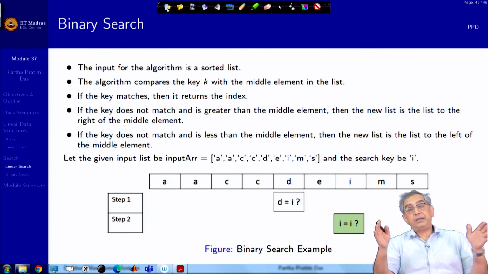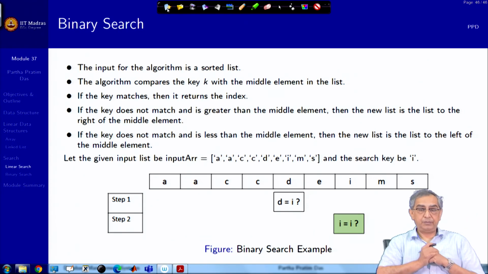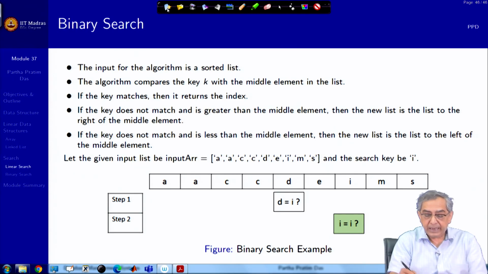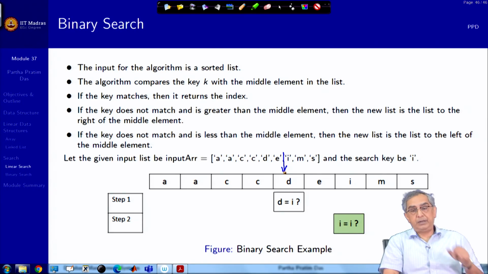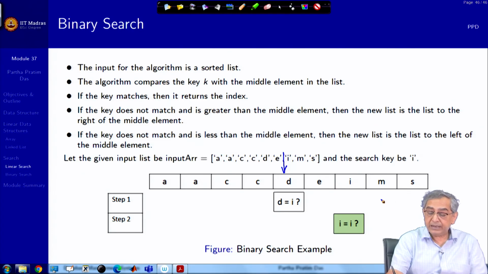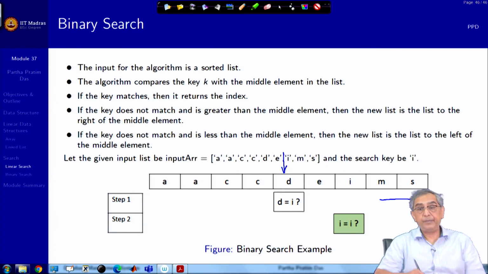But once the elements are sorted and you are given something to search for, you have a very simple strategy. Instead of starting from the beginning to the end, you look at the middle element and compare with it. You know they are sorted, say in this case in increasing order.